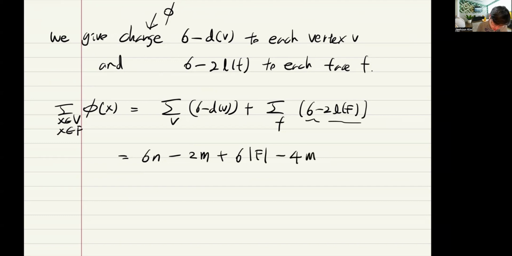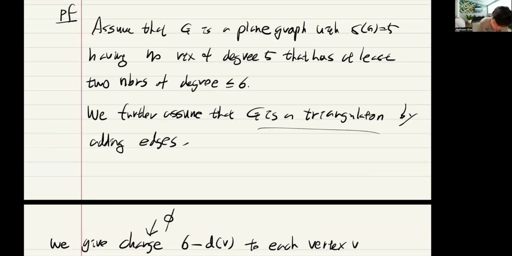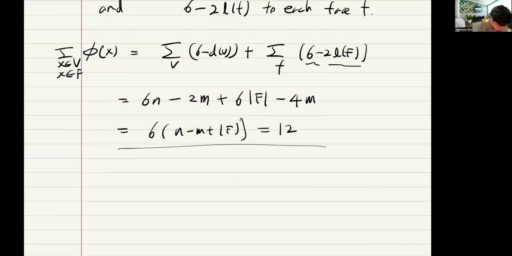So this is 4 times M. This is 6 times N minus M plus the number of bases, which is 12 from Euler's formula. This is a triangulation, so it is a connected planar graph. So you have.